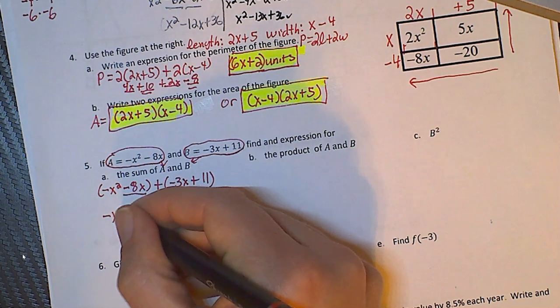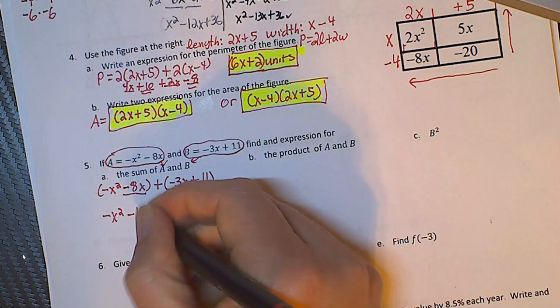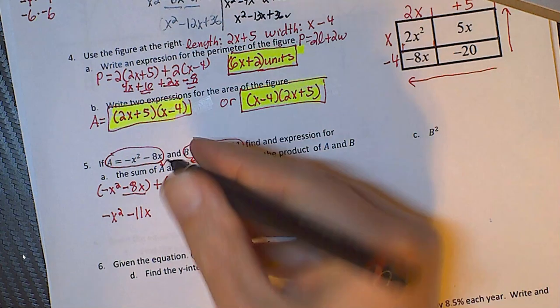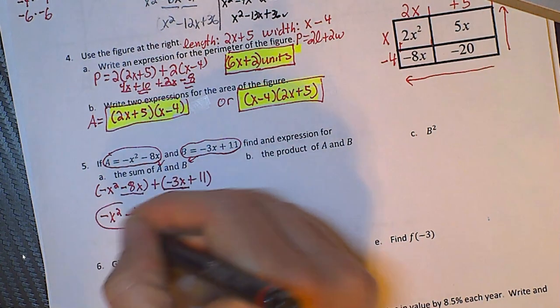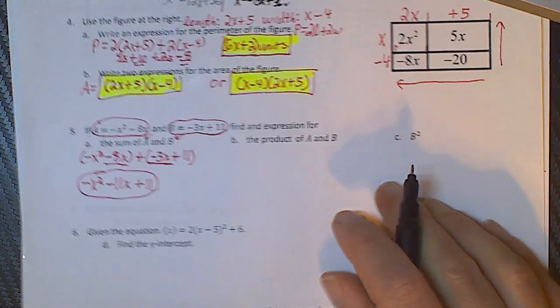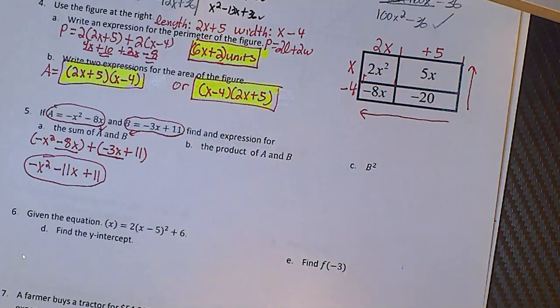Negative x squared. Okay, product means multiply.